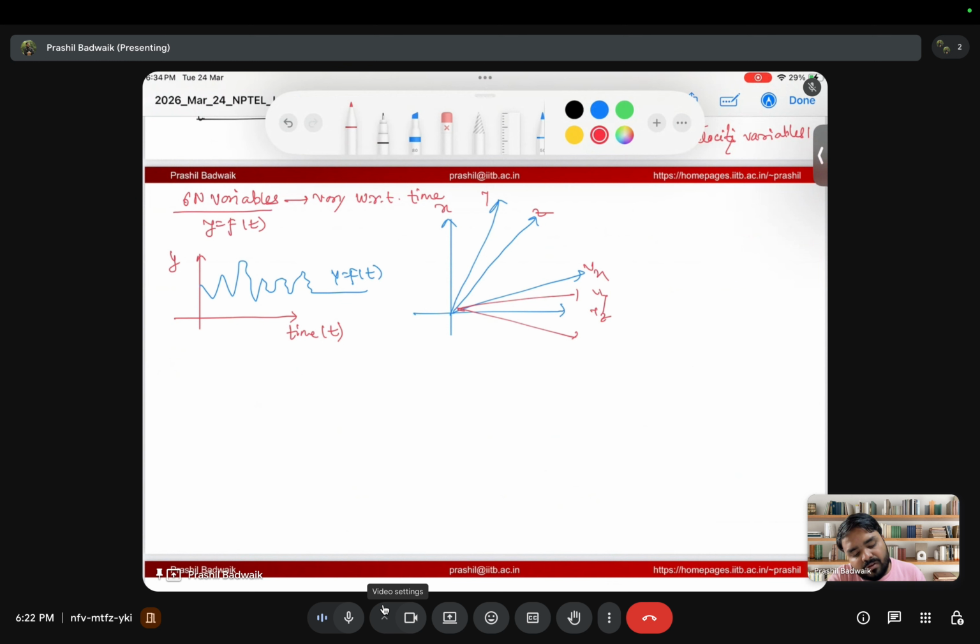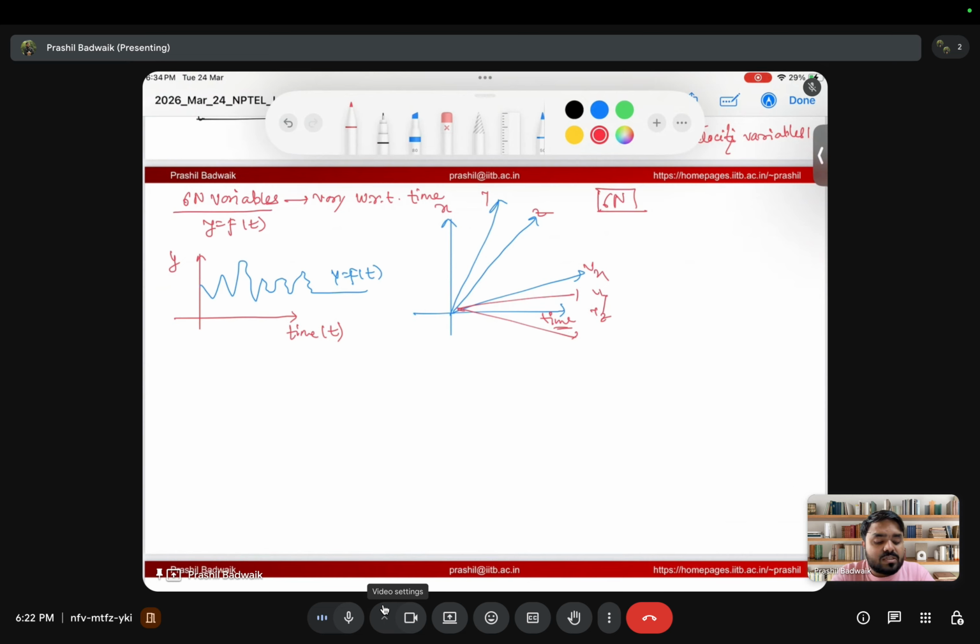And all of this will vary with respect to time. So how many variables will those be? 6n variables which will be varying with respect to time.